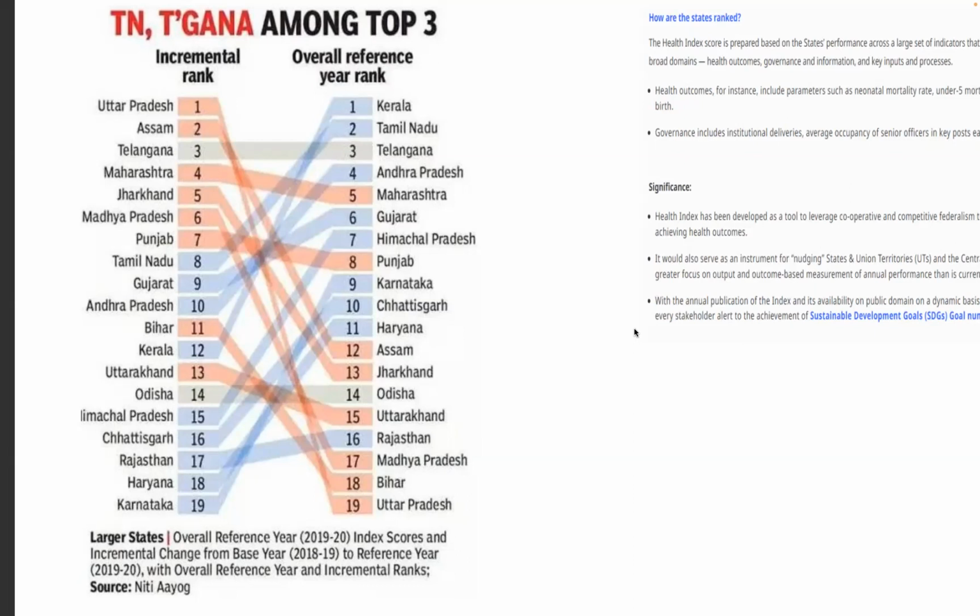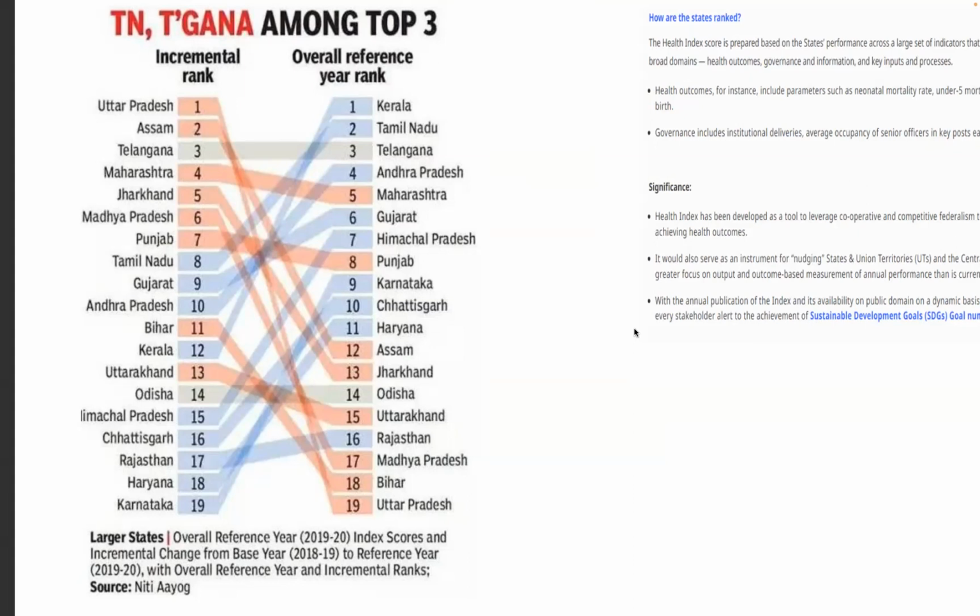There is an incremental change in that. Okay, so that is what is reflected here: if you compare 2018-19 data to 19-20 data and compare state to state, the ranking, you can see very well, is zigzag. This zigzag is because of this only.